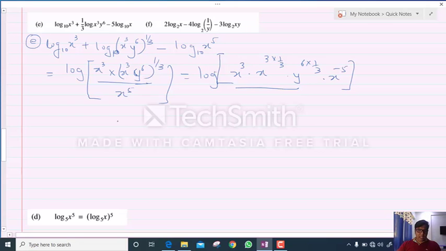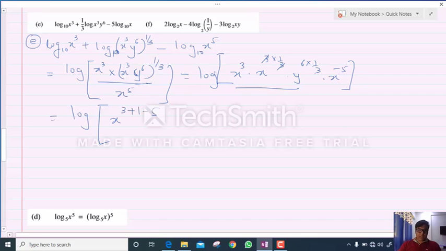So the next step would be, here I am short of space, so here you start with equal to. Here I have log of, here I write all x, so x raised to 3. From here I'll get x raised to 1, so I add 1 and I subtract 5.